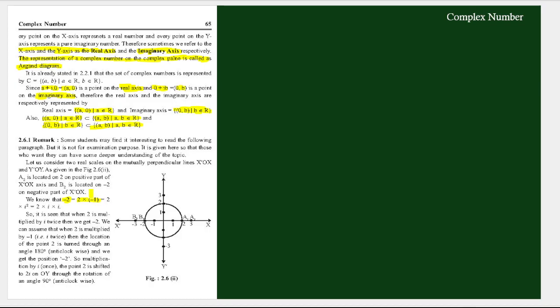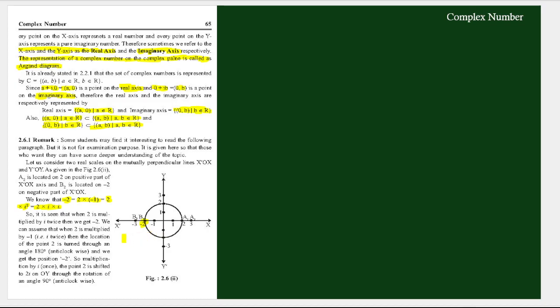That's fine, right? And -1 can be written as i square. So we can write 2 into i square. Now i square can be like 2i into i, right? Let's see. That means where is our -2? Here is our -2. This point is our -2.